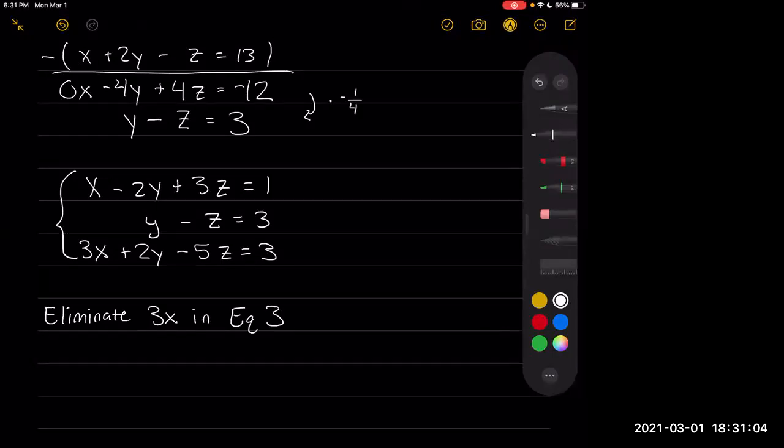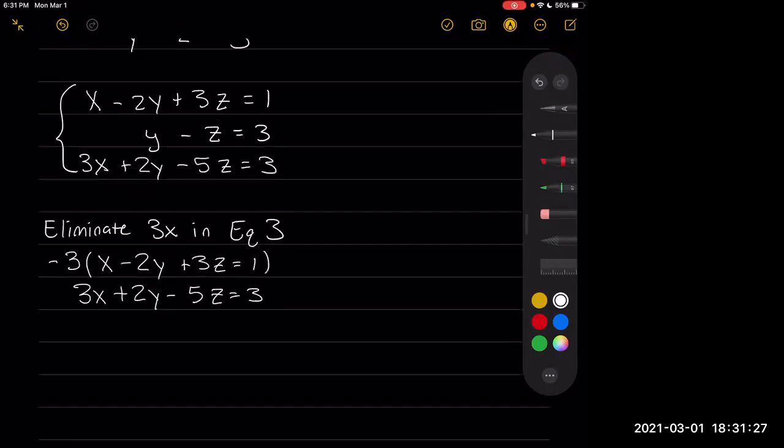And to do that, we're going to multiply the first row, x minus 2y plus 3z equals 1, by negative 3, and then we're going to have our 3x plus 2y minus 5z equals 3.